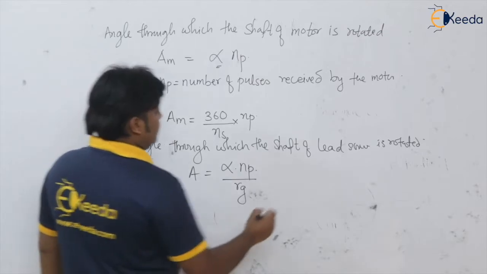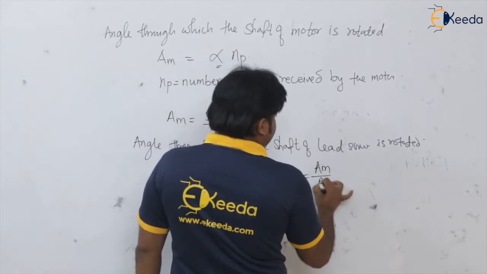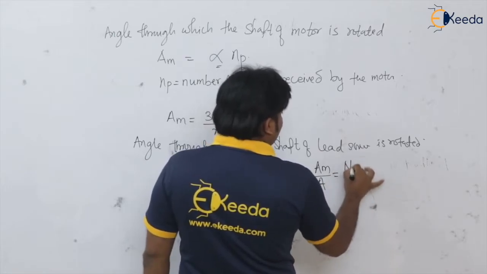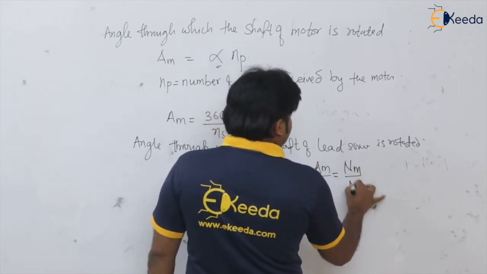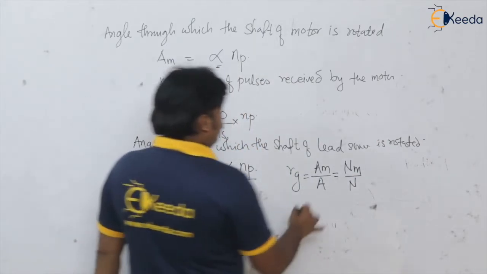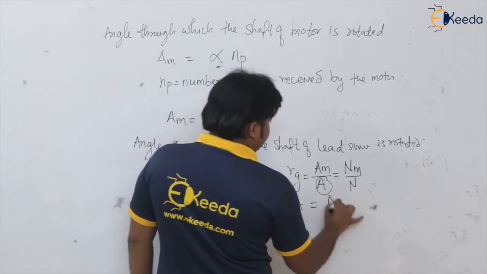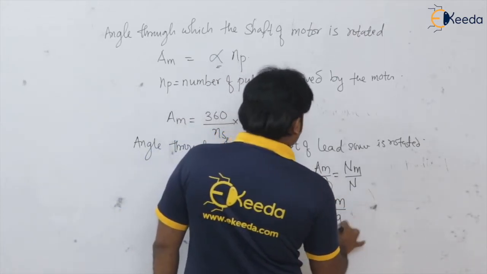Now what is this RG actually? RG is the gear ratio, given as AM divided by A, or in terms of revolutions, NM divided by N. So here what we want is A. A is equal to AM divided by RG.